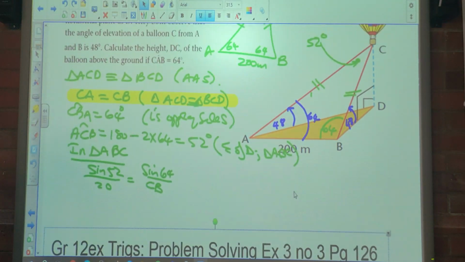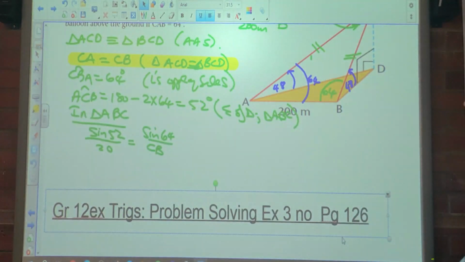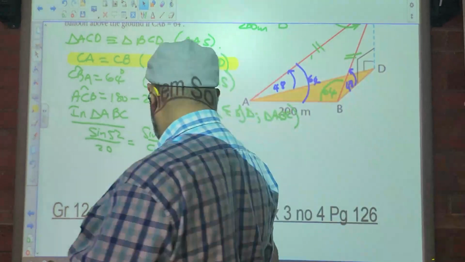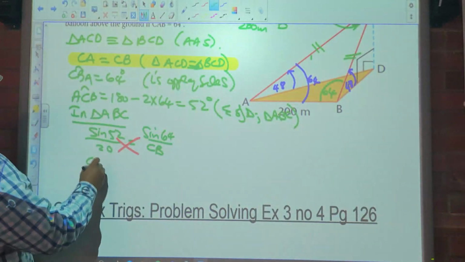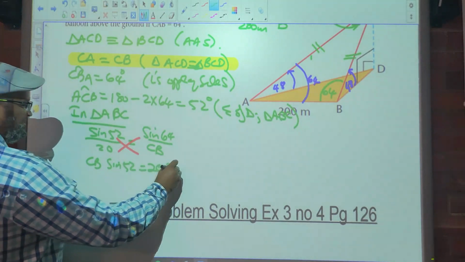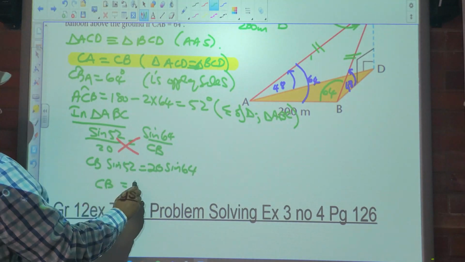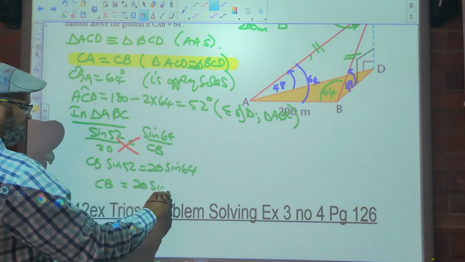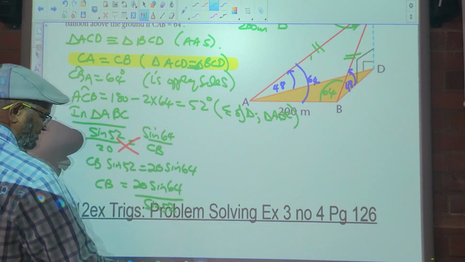This is number 4, no? So we cross multiply. So it becomes CB sine 52 is equal to 200 sine 64. Divide by sine 52 on both sides, so it's 200 sine 64 over sine of 52.